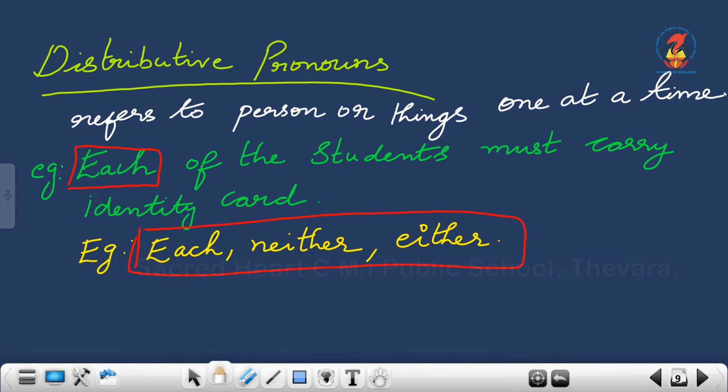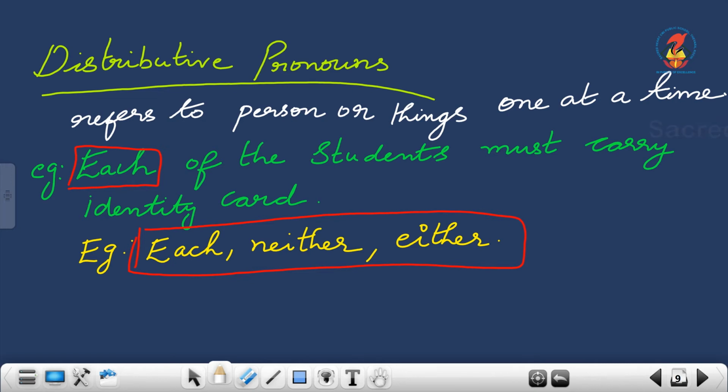One at a time means that particular pronoun is pointing to everybody individually. The other one, indefinite, was for everyone, generalizing, is it? But here distributive means it's pointing to each and every one at a particular point of time. So that is one at a time, that is distributive pronouns.